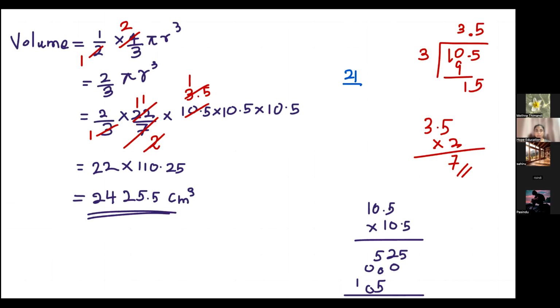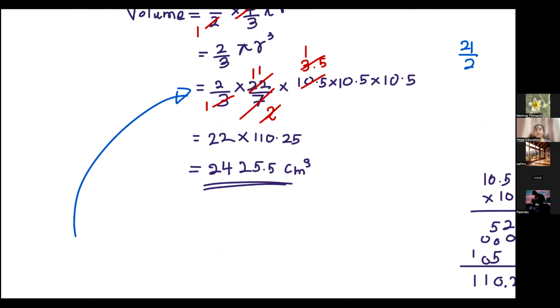Instead of putting 10.5 here, you can put 21 divided by 2. In this step you can put 2 over 3. When you have 10.5, it's a decimal number, and using decimal numbers can sometimes be annoying, right? So you can write 2 over 3 multiplied by 22 over 7 multiplied by 21 divided by 2 instead of 10.5, because 21 divided by 2 is 10.5.